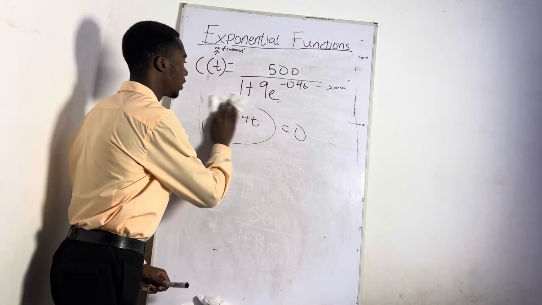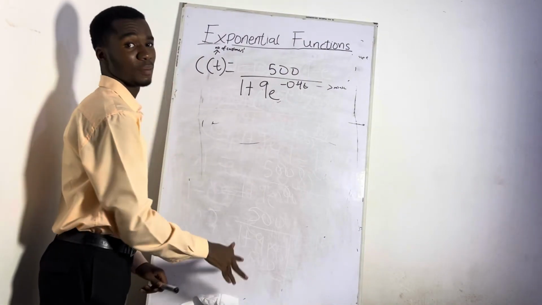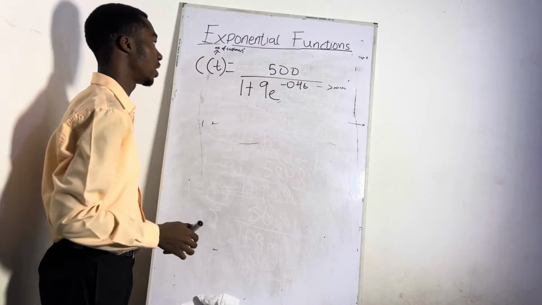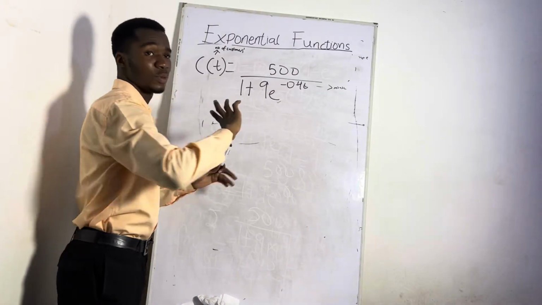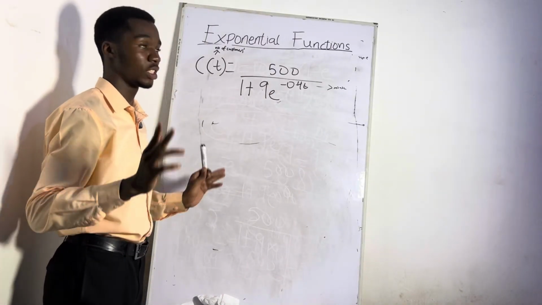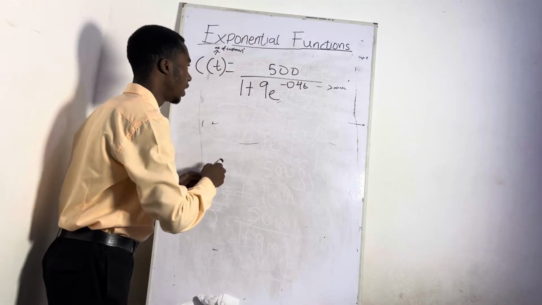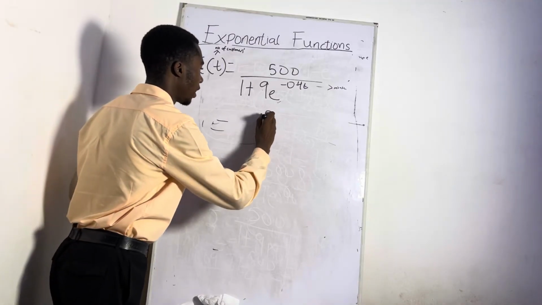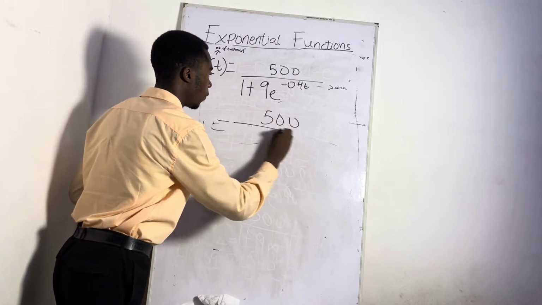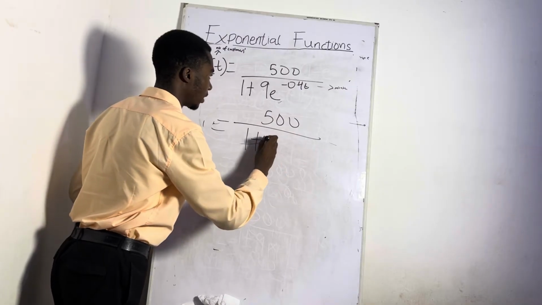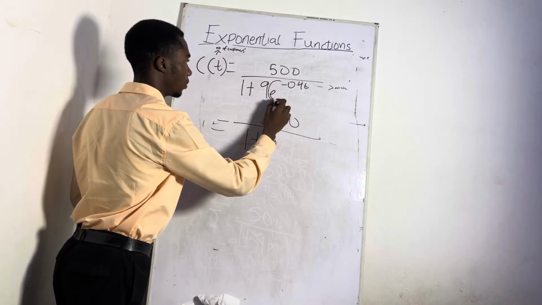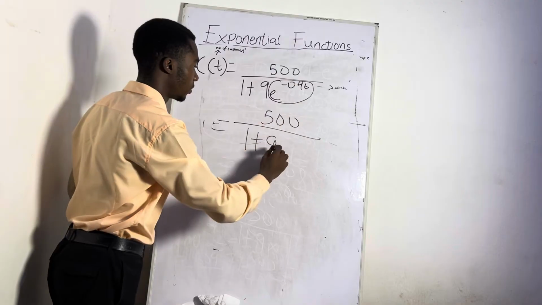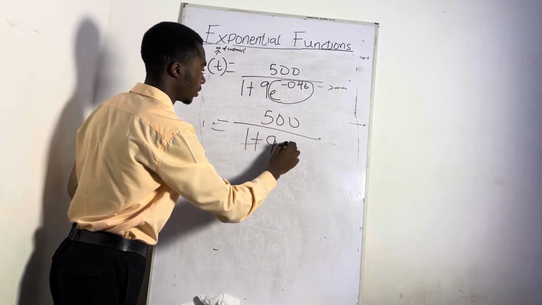Just put it to your mind. When they ask you for the maximum numbers, when it comes to this question, just put to your mind that e exponent whatever is there becomes 0. So now that we know that, we just get 500 over 1 plus 9 times 0.